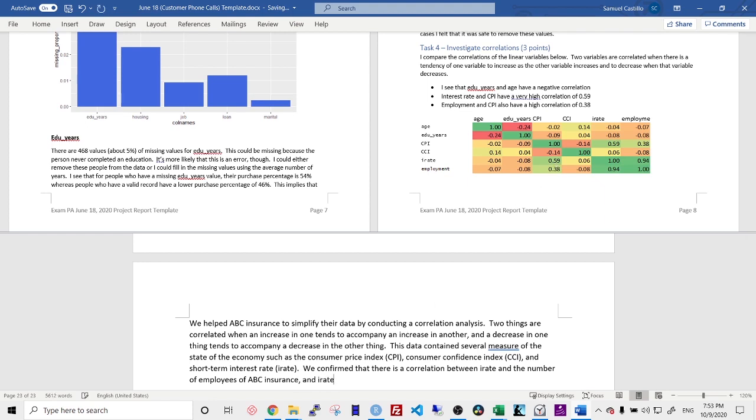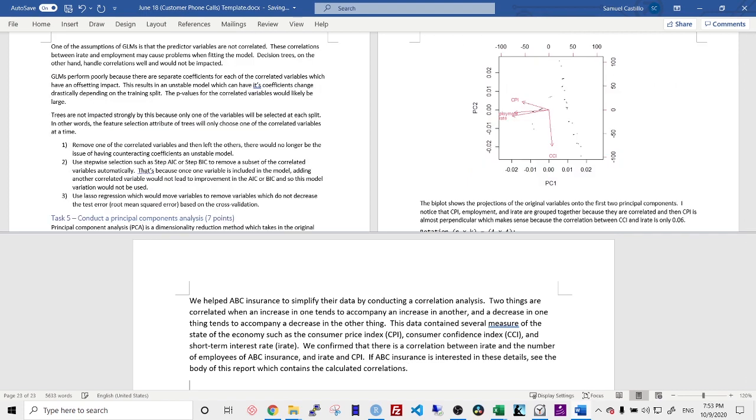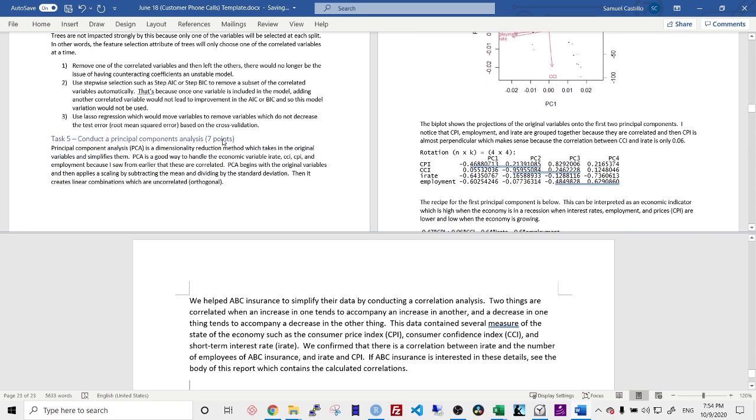And then just say if ABC Insurance is interested in these details, see the body of this report, which contains the calculated correlations. And then also say we considered, no, that's probably enough. Okay, conduct principal component analysis.